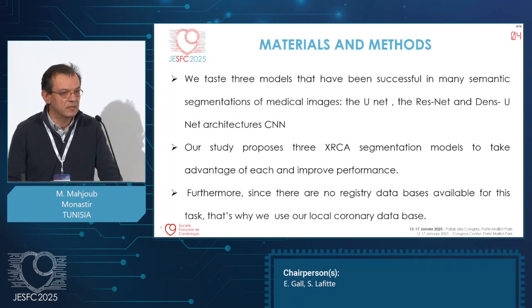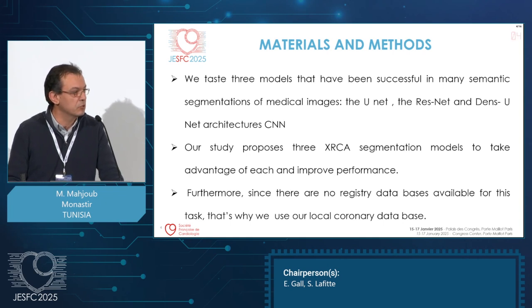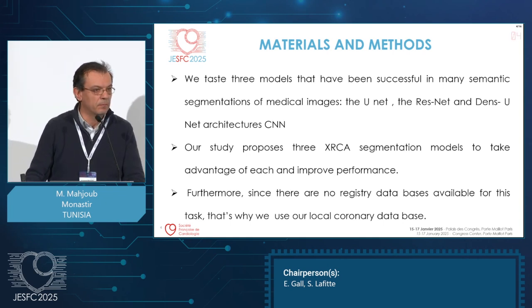So we tested three models that have been successful in many semantic segmentation of medical images. The first one is the UNet system, the second one is the ResNet, and the third one is the dense UNet architecture. Our study proposed three X-ray segmentation models to take advantage of each improved performance.